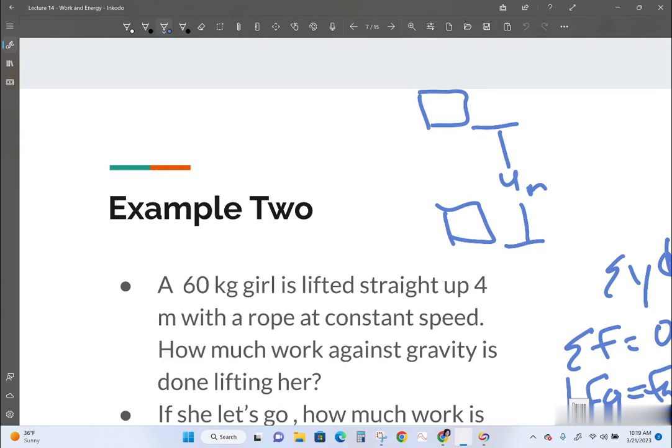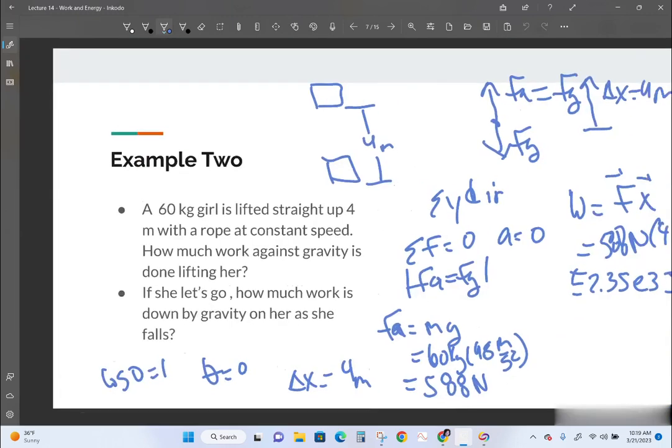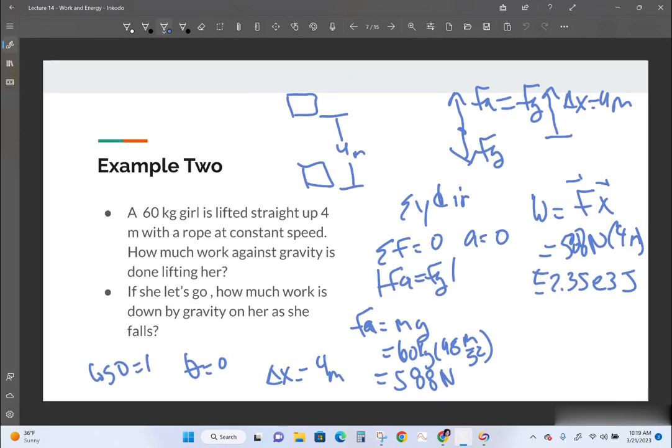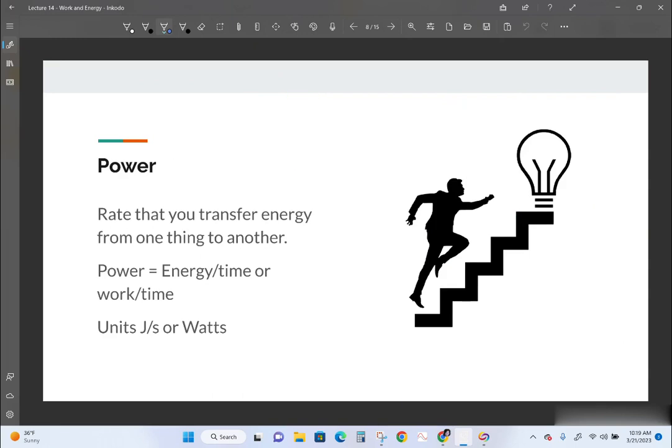All right. So now let's talk a little bit more about that transfer of energy and a word that you're familiar with, power. So imagine that you're running up the stairs versus walking up the stairs, right? Obviously, running up the stairs is going to make you feel more tired.